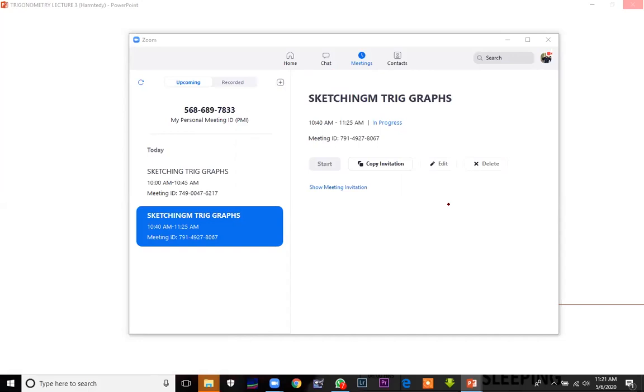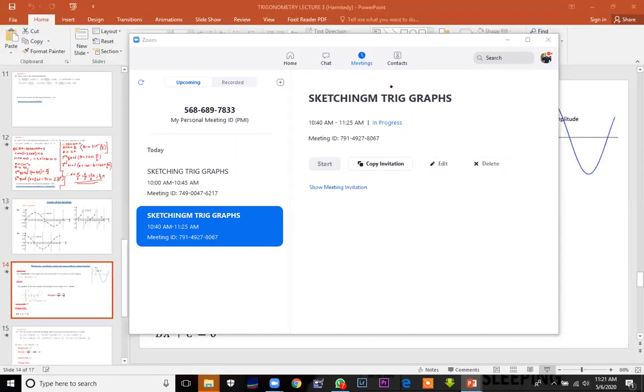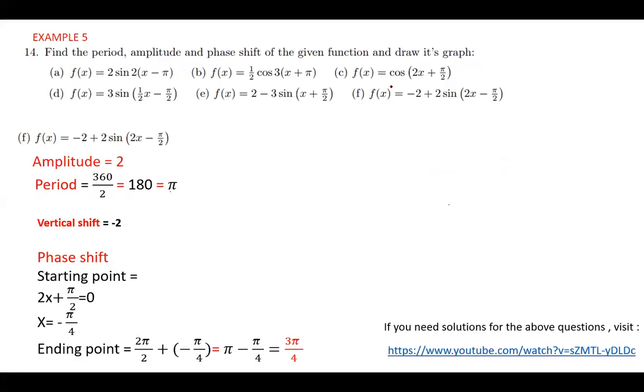The same applies to question 14 here, the last question that we have done. Try to solve maybe E and D, or even C if you want, just to check whether you've understood or not.